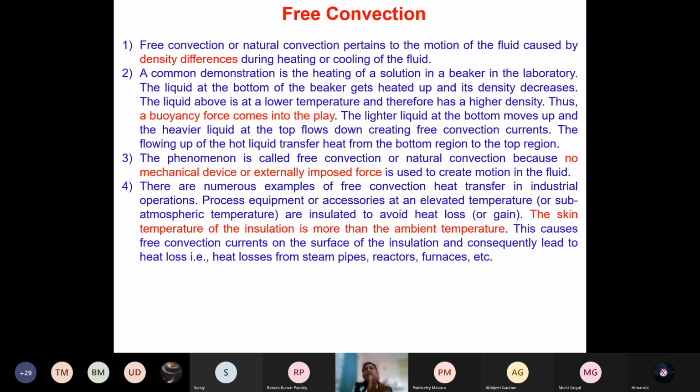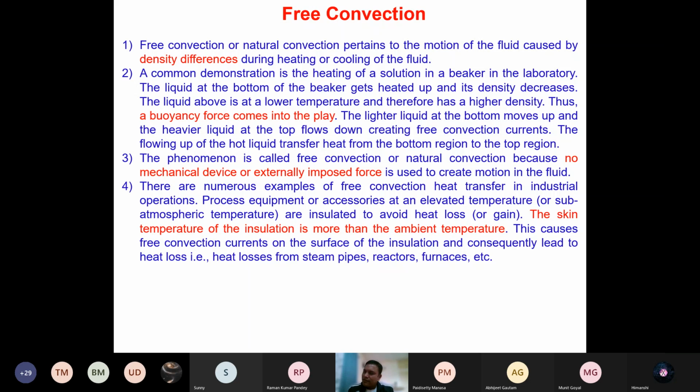Whatever air is around those steam pipes, there is natural convection occurring between the insulated pipe and the ambient. This applies for the flow of a hot stream, or sometimes a cold stream. In both cases, natural convection can lead to heat transfer between the ambient and the fluid.